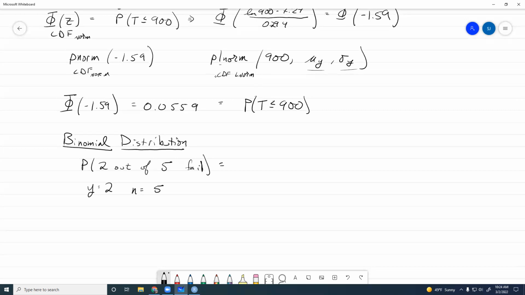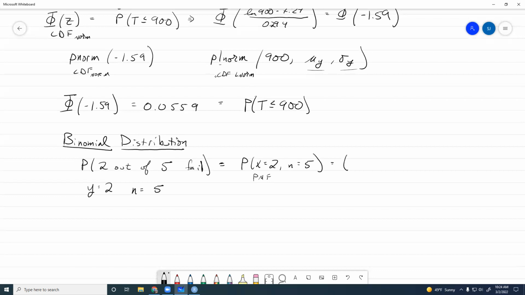Because we're not thinking, is it up to 2, or is it greater than 2, it's just 2 out of 5. So x is equal to 2, n is equal to 5. Because we're saying equals, we can use what's called, in this case, the PMF because it's a discrete function.